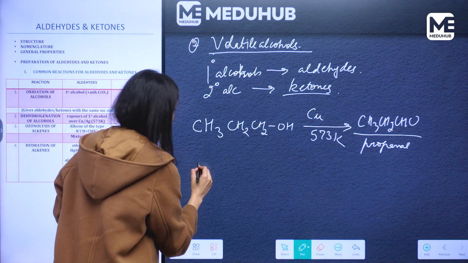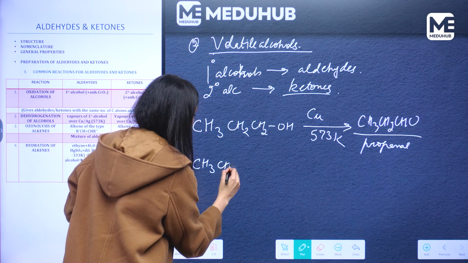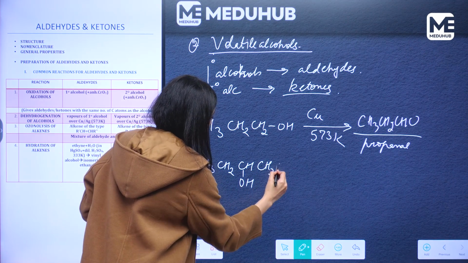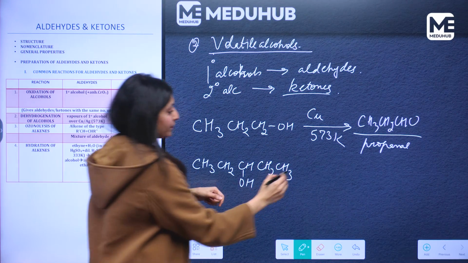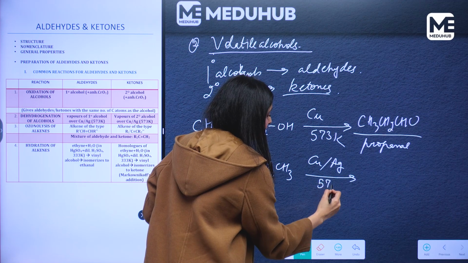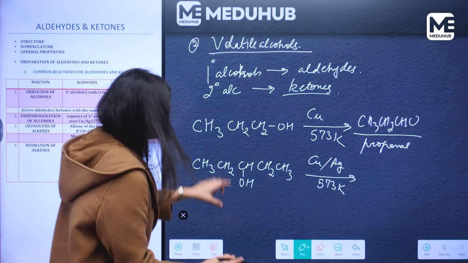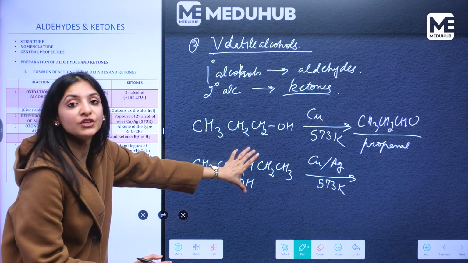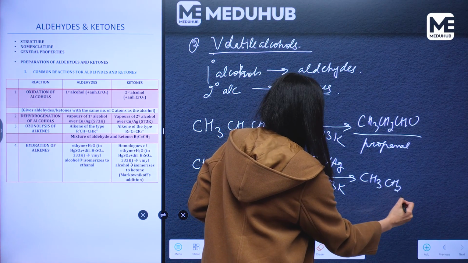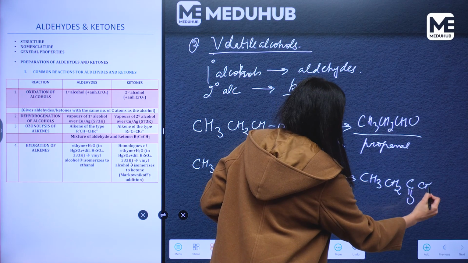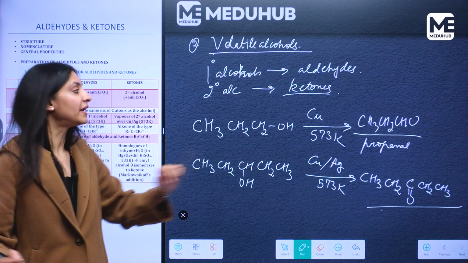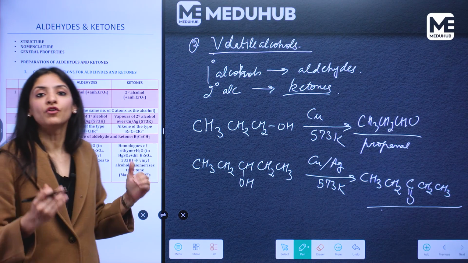And if we have a 2-degree alcohol, CH3CH2CHOHCH2CH3 here, when passed over copper or silver at 573 Kelvin, we will get a ketone, and this carbon here will get converted to a carbonyl carbon. So this will be CH3CH2C=OCH2CH3. This is a ketone right here. So these are the two methods of oxidation.